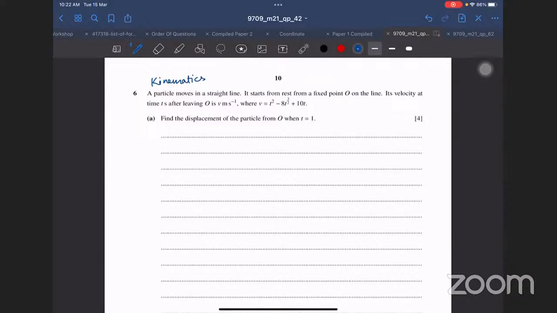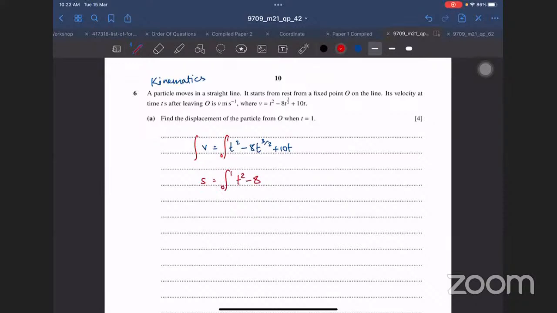I could also use limits directly. Since I just want to find the displacement, I can just integrate with limits 0 to 1.